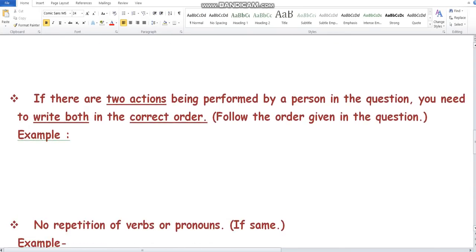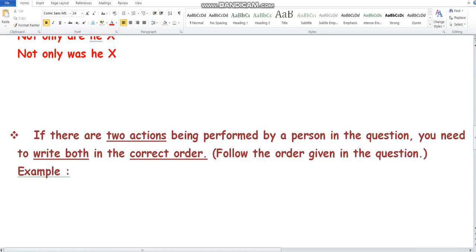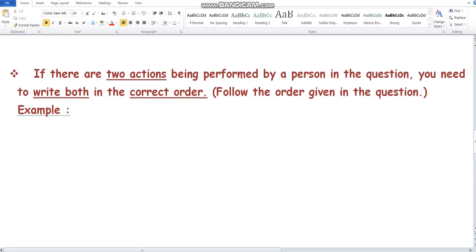Next, if there are two actions being performed by a person in the question, you need to write both in the correct order. I have underlined this. The order should remain the same as given in the question.